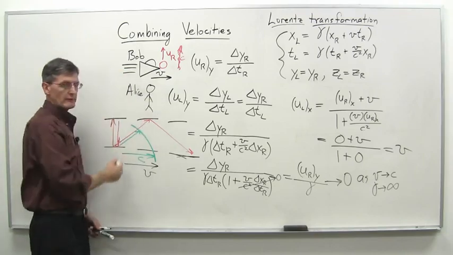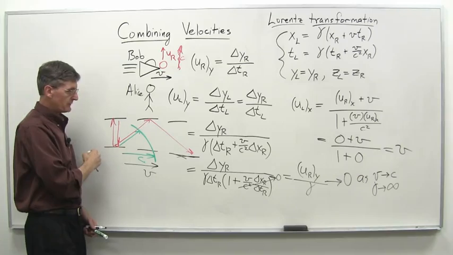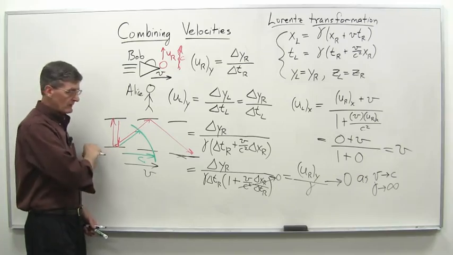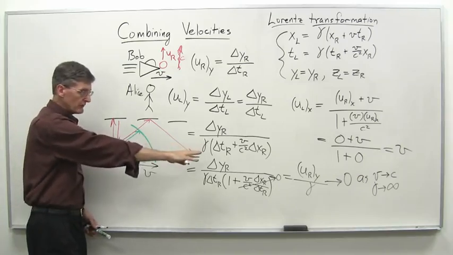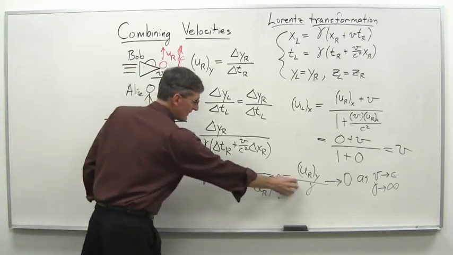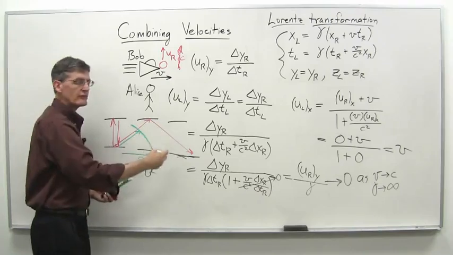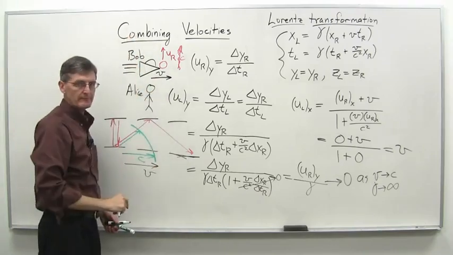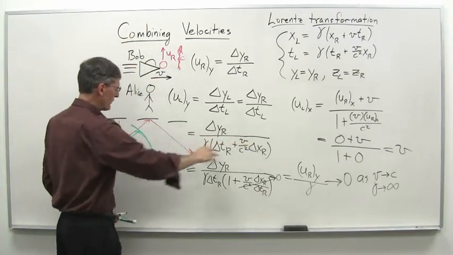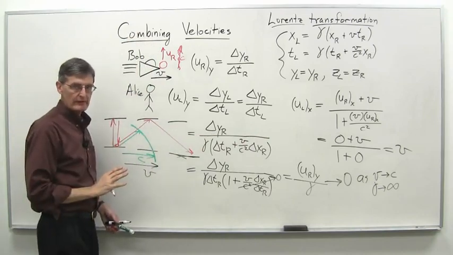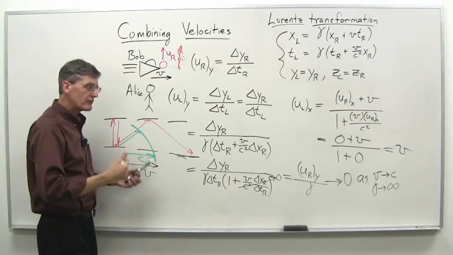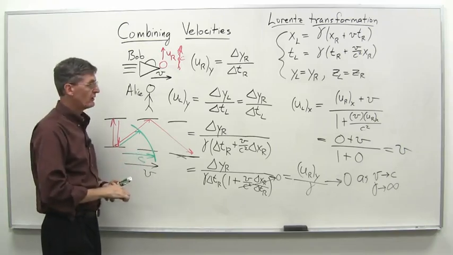So that's like shooting a light beam directly perpendicular to Bob. If he's traveling at velocity c, then what this is saying is Alice never sees that light beam go up. She just sees Bob go this way, and the light clock is frozen in that instance. So, an interesting confirmation of some of the other things we've done.